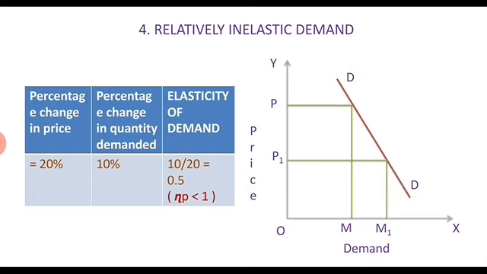Here, the change in price PP1 is greater than the change in demand, or the change in demand is less than the change in price. Here, price is 20%, change in demand is equal to 10%. Here, the change in demand is less than the change in price. Eta p is less than 1.